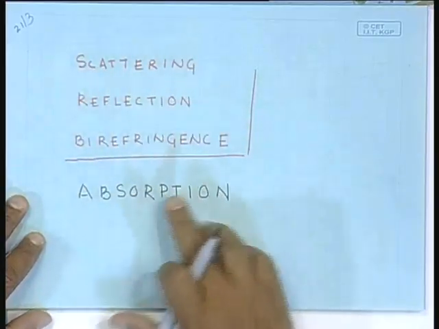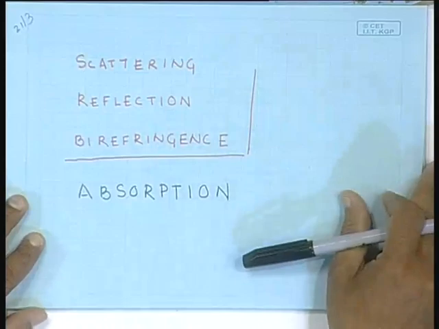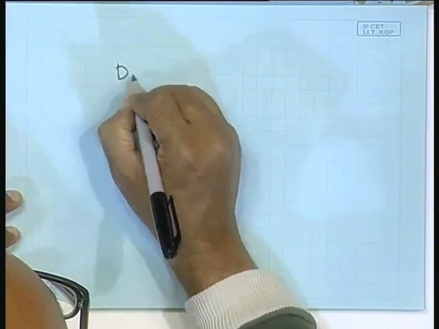Now, this I have recapitulated scattering. Now, let me go on to absorption. And the word that is used here is dichroism.